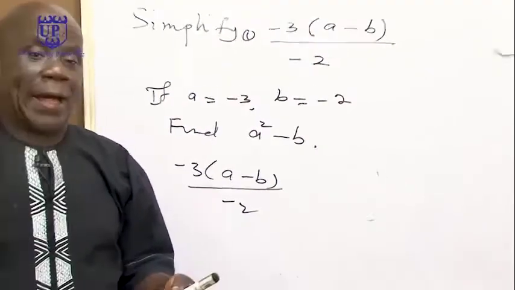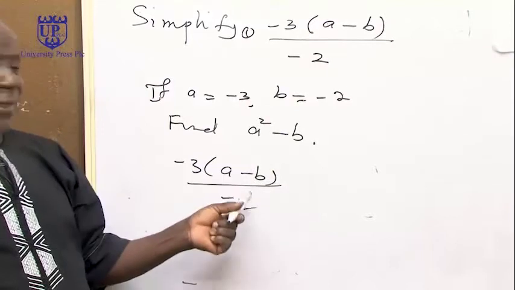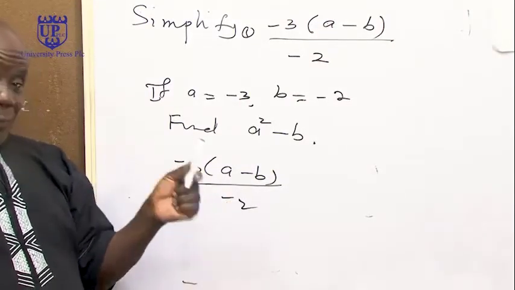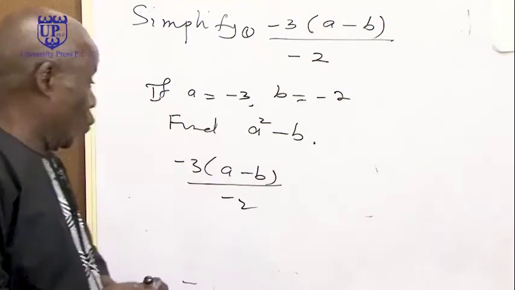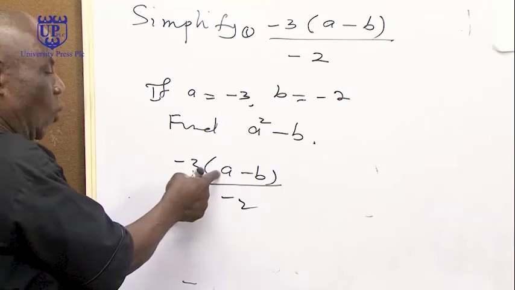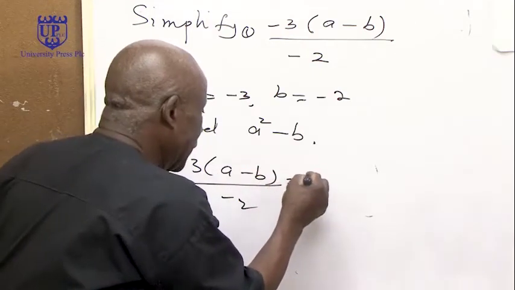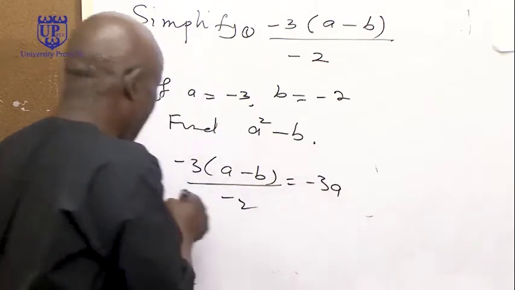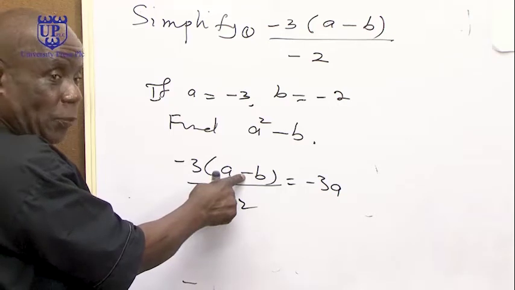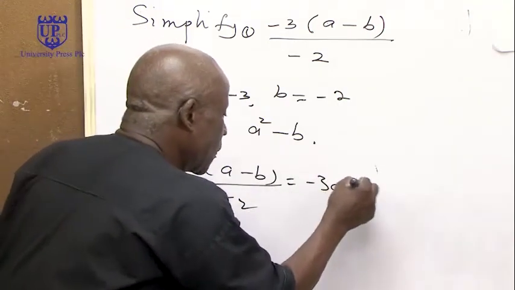NECO 2009 objective, check. I thought the question was wrong, but I now see what they want you to do. They want you to open the bracket. This is negative. No sign here means positive. So that one will be minus 3A. This is minus, this is minus, it is plus now. So minus 3 times minus B will be plus 3B.